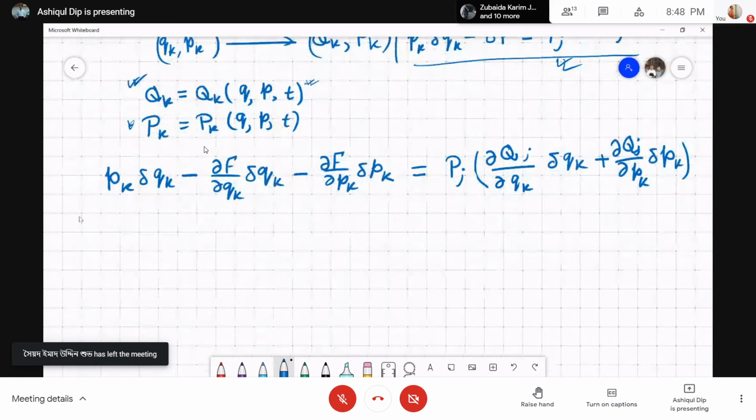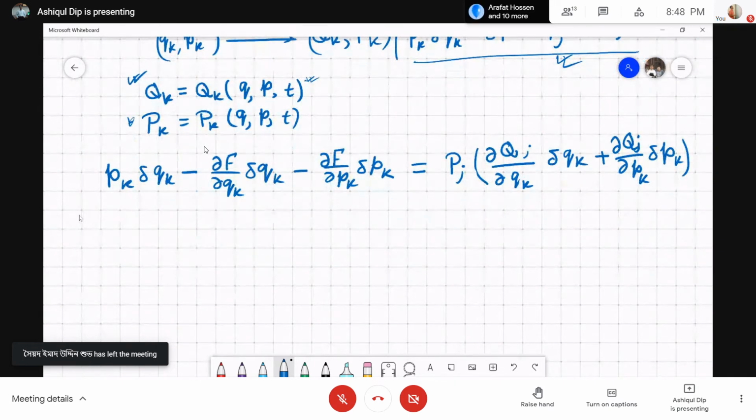Okay, so now as we are tweaking small p_k and small q_k totally independently, we set the coefficient of each of the variations to be 0. So equating the coefficient of variation q_k, here is 1, here is 1, and here is 1. What do we get?